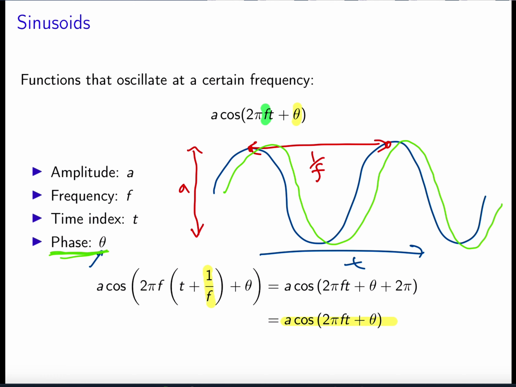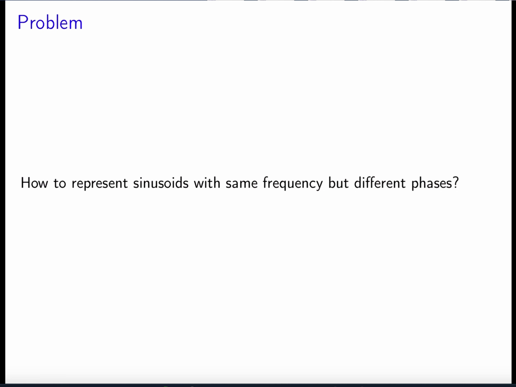So we need a way of efficiently representing sinusoids with arbitrary phase shifts, because otherwise we would have to include also sinusoids with different phase shifts in our family of functions, and that could become very inefficient if you just start adding arbitrary shifts.